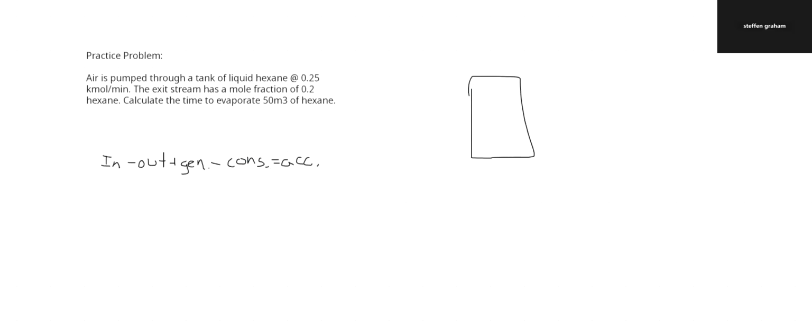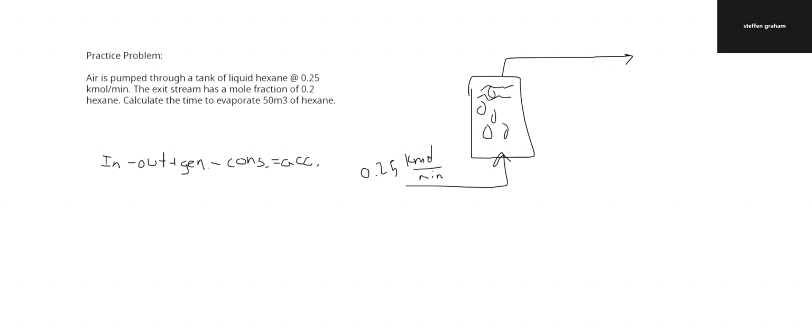We have this inlet stream that is just air, and that is at 0.25 kilomole per min. And then out here, I'll also draw this like we have hexane in here, and the air goes through and it's evaporating the hexane.